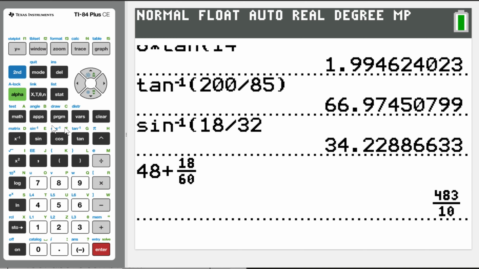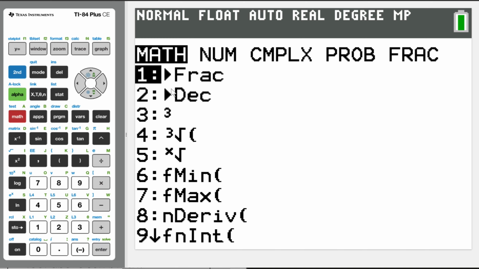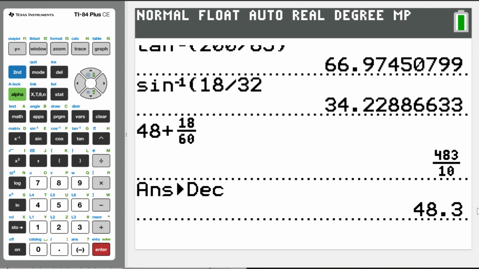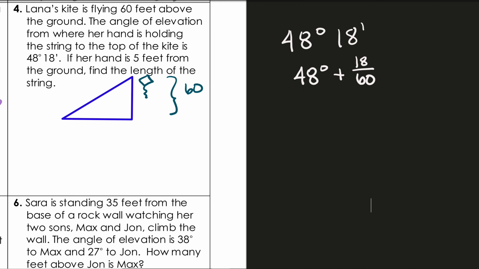I don't want this as a fraction. I would rather have it as a decimal. So I'll come up here and hit math, and then I want the answer as a decimal. So I'll make option 2 and 48.3. So that's going to be the decimal in my triangle. So here I have 48.3 degrees.